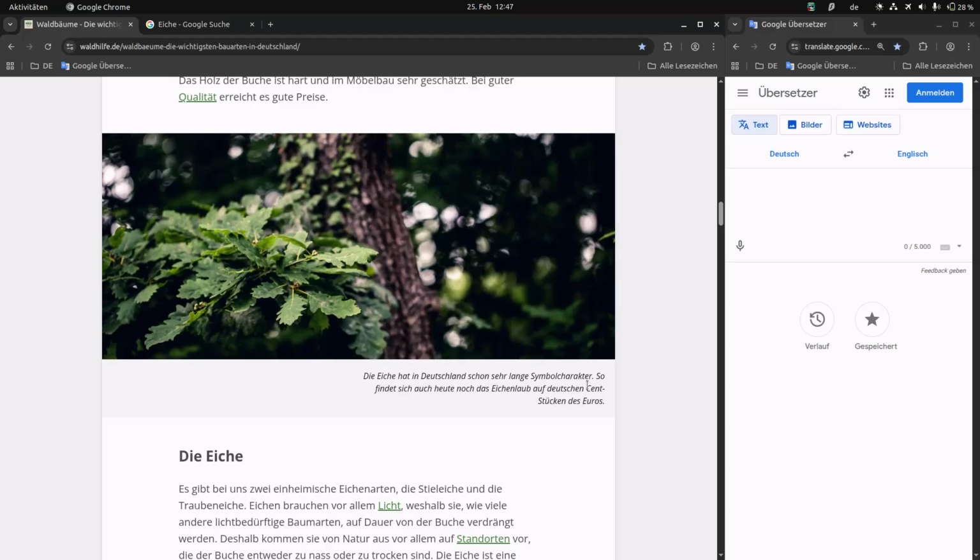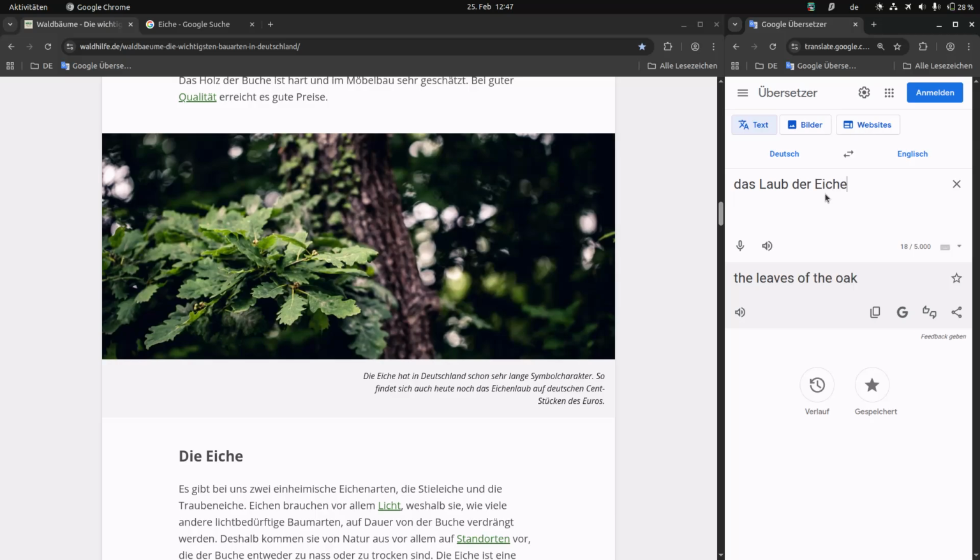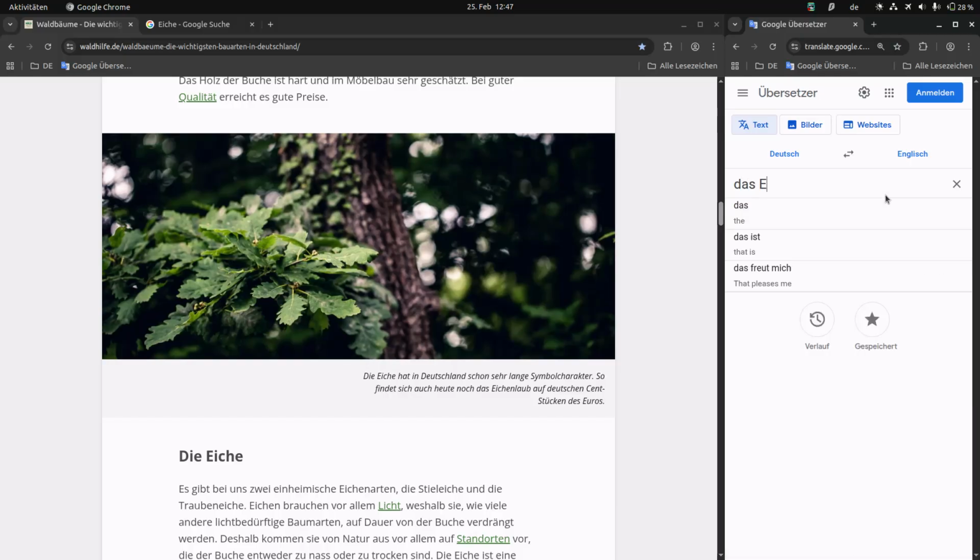So, in this way, findet sich, in this case, itself, auch heute, also today, noch, still, das, the neutral form, Eichenlaub, of course referring to the Laub, because for nouns in German, if you have a noun that's made up of two nouns, so for example Eichenlaub, so basically das Laub der Eiche, you can put together to das Eichenlaub, the oak leaves. In English it's written apart.